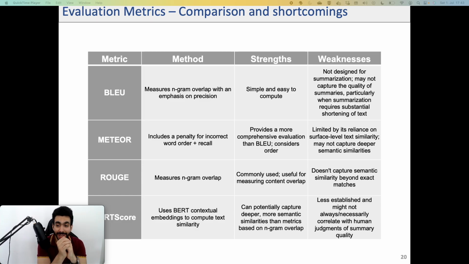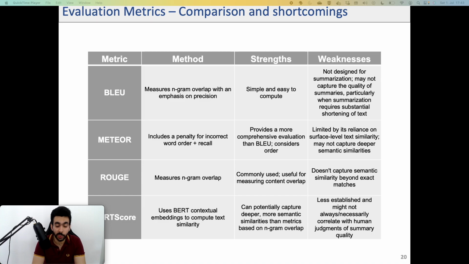ROUGE measured the n-gram overlap with respect to different counting methods. We talked about the n-grams, the LCS, and the skip n-grams. And then BERTScore used BERT contextual embeddings to compute the text similarity.